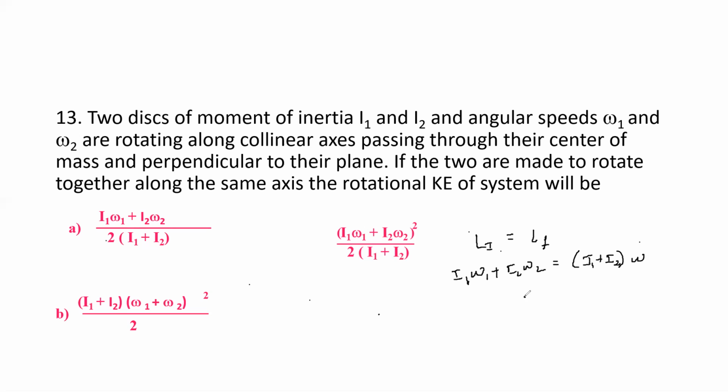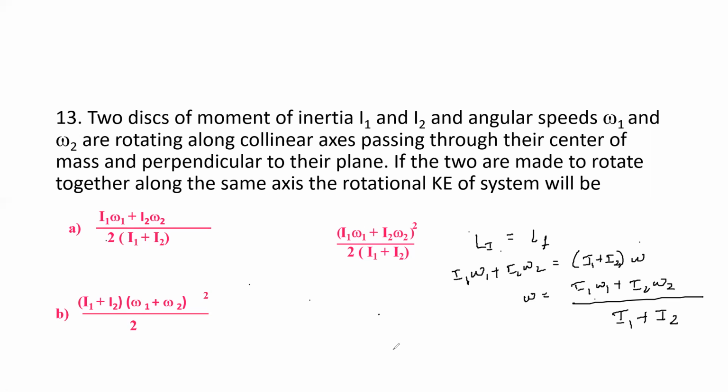The angular velocity omega is equal to I1 omega 1 plus I2 omega 2 divided by I1 plus I2. This is the angular velocity.